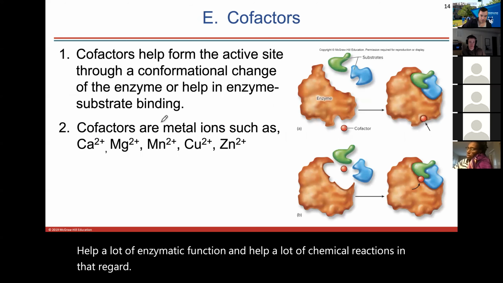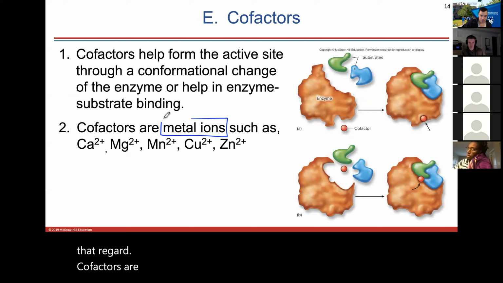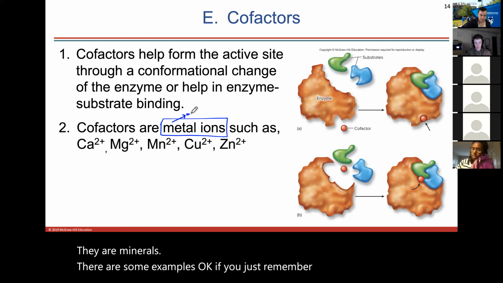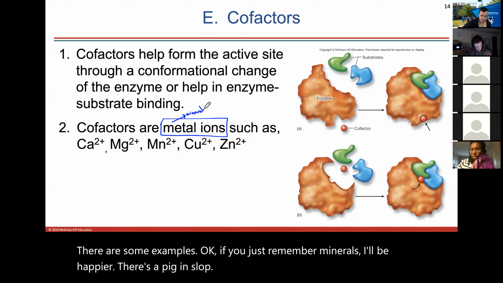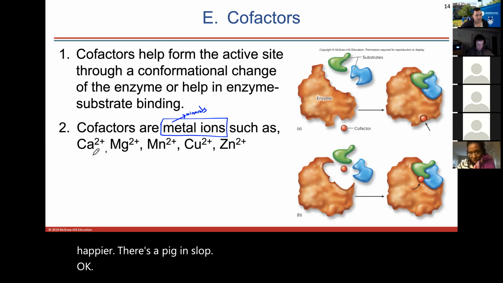Cofactors are metal ions. They're minerals. There are some examples. If you just remember minerals, I'll be happier than a pig in slop. What's that?